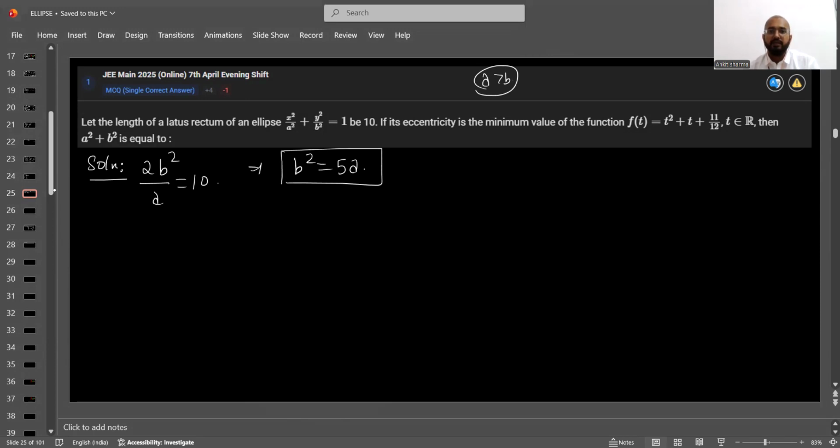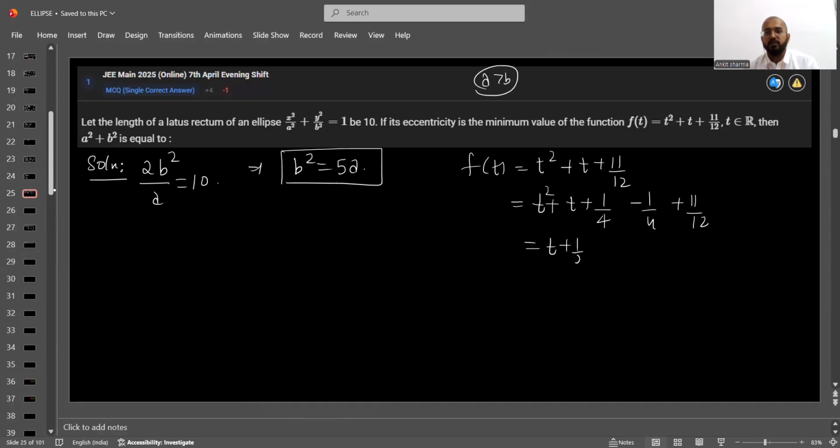And now its eccentricity is the minimum value of this function, f of t is equal to t square plus t plus 11 over 12. So we want the minimum value of this function, so we can adjust it to a perfect square. So t square plus t plus 1 over 4 and then minus 1 over 4 plus 11 over 12. So this is going to be t plus 1 over 2 the whole square, and this one I can multiply by 3 and by 3.